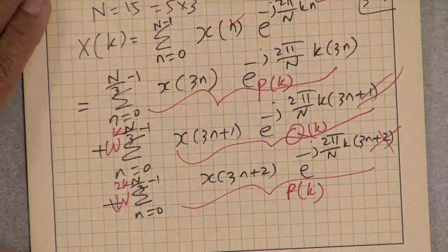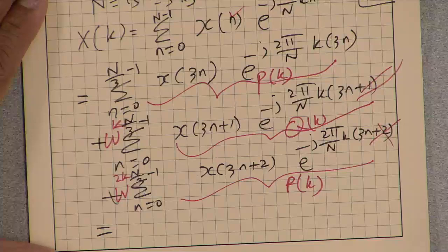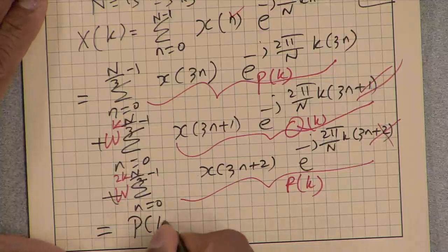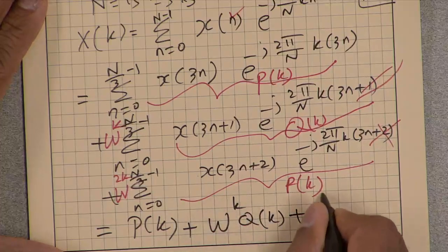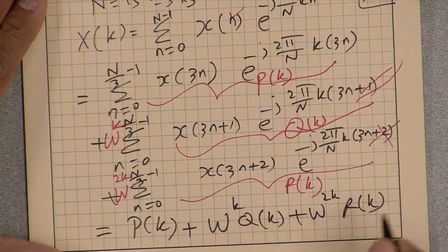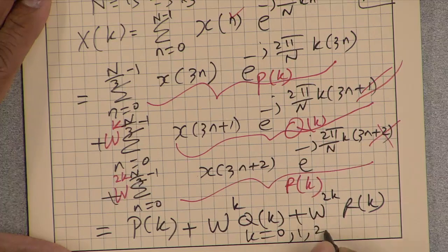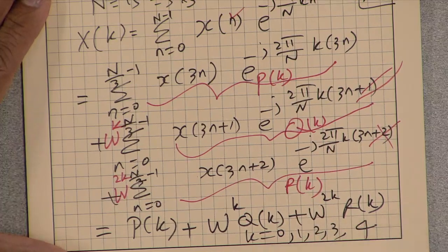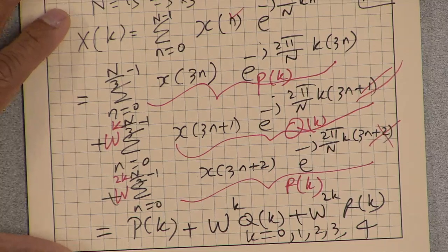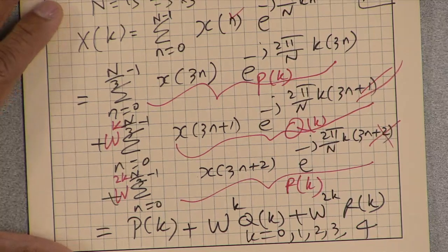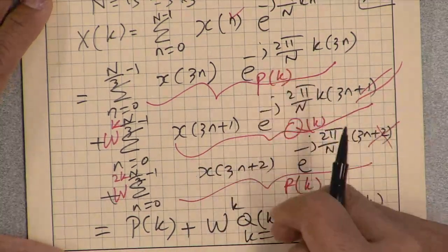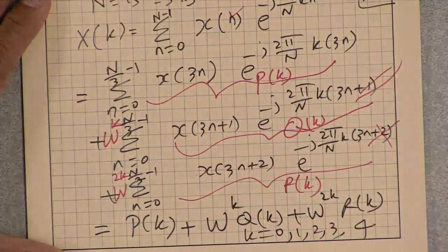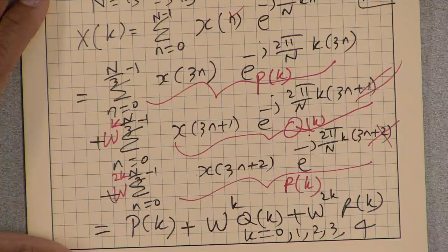Okay, so this becomes equal to Pk plus W to the power k Qk plus W to the power 2k Rk for k equal to 0, 1, 2, 3, and 4, because these are only defined for that range. These P, Q, and R are 5-point DFTs, and they're really defined for k equal to 0, 1, 2, 3, 4.